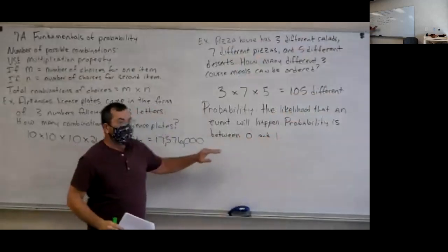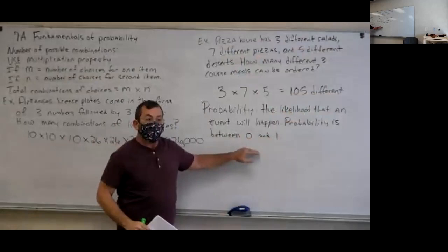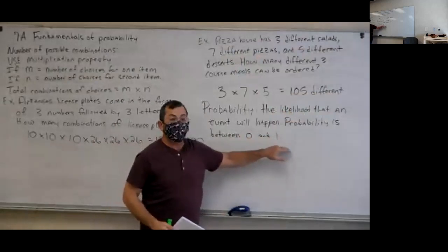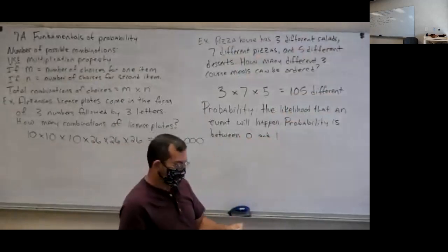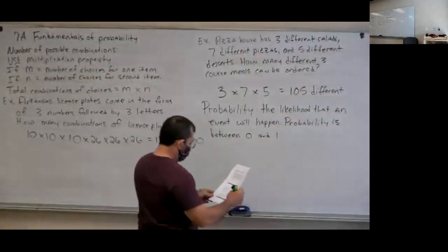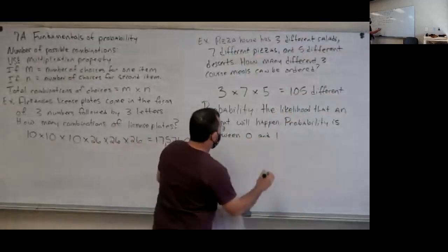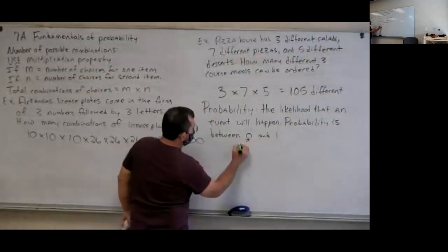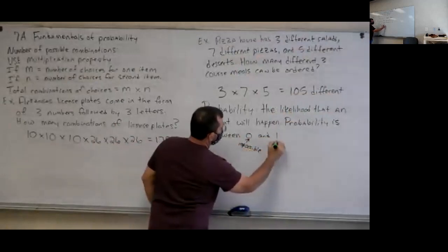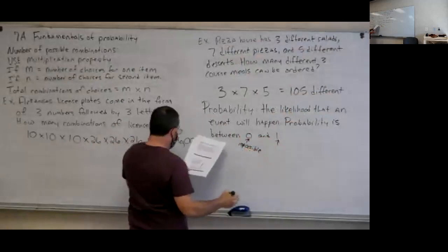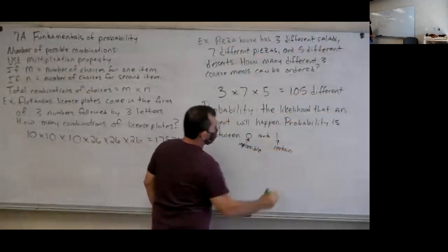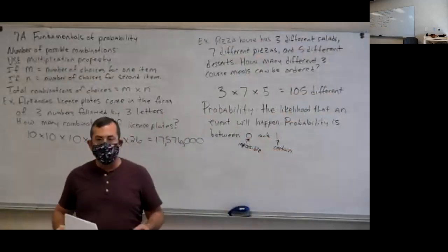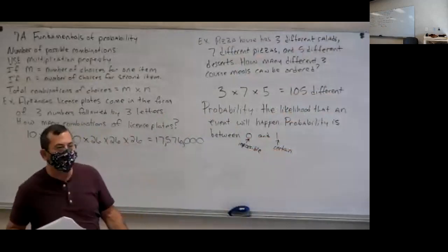Probability is between 0 and 1, where 0 means it's not going to happen. And if you make it to a 1, 1 is like 100% that it will happen, okay? So 0 would mean it's pretty much impossible. And then, like I said, 1, it's more certain. Like if they say it's 100% chance of rain, then we're pretty sure it's going to rain, right?